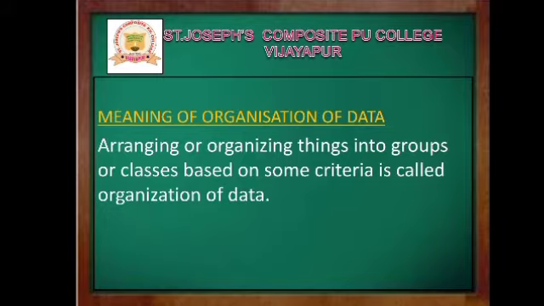That means a systematic arrangement of things into groups or classes based on their own criteria or characteristics. And the organization of data helps to carry out the statistical analysis very easily. Thus we can say that organization of data is a classification of data according to its own nature, criteria and characteristics.